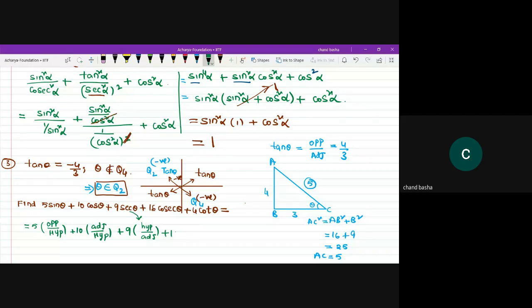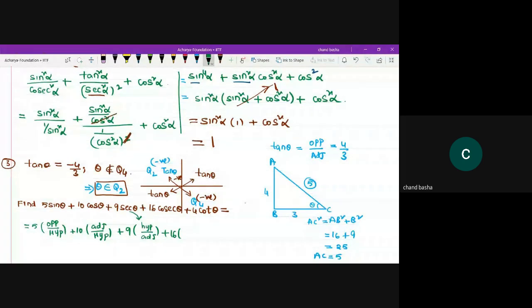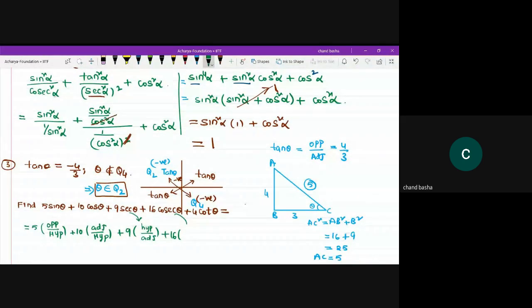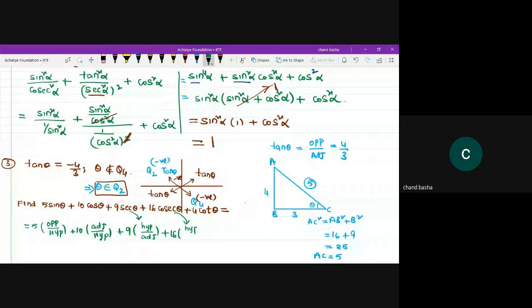And then 16 times cosec theta. Cosec theta means hypotenuse by opposite, the reciprocal of sine. Then cot theta.